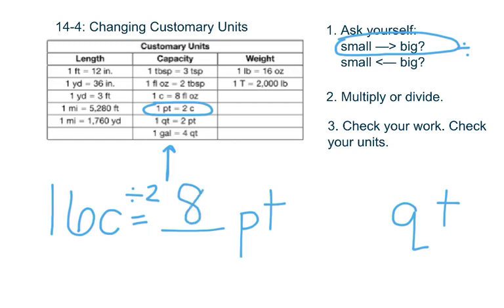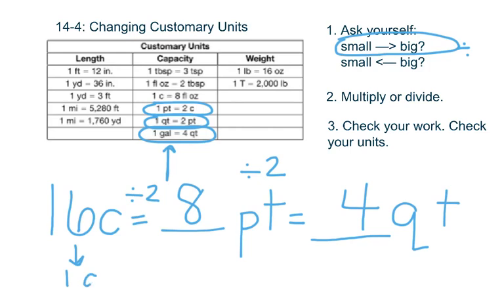So 16 cups is the same as 8 pints. Now I can change pints into quarts. Same thing. Pints are smaller than quarts. I'm still going small to big. So this time around, I'm going to look to see there are 2 pints in 1 quart. So 8 pints divided by 2 would be 4 quarts. It just so happens that in my chart, it also shows me that 4 quarts is 1 gallon. So technically, 16 cups is also equal to 1 gallon.